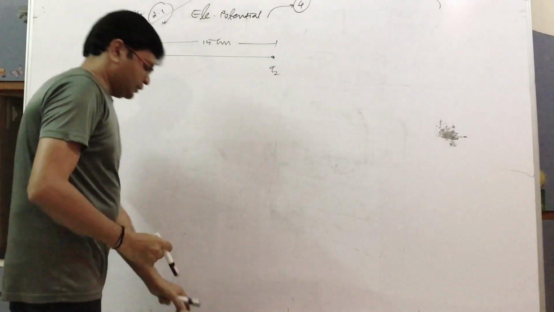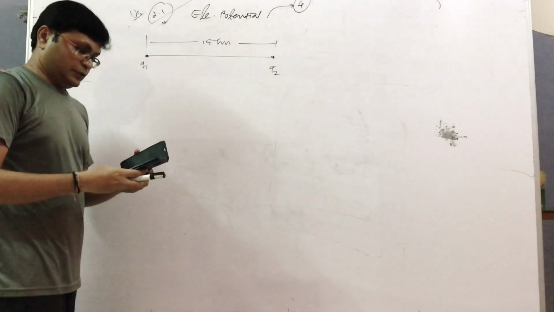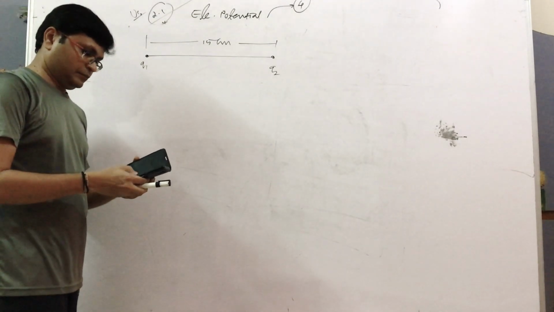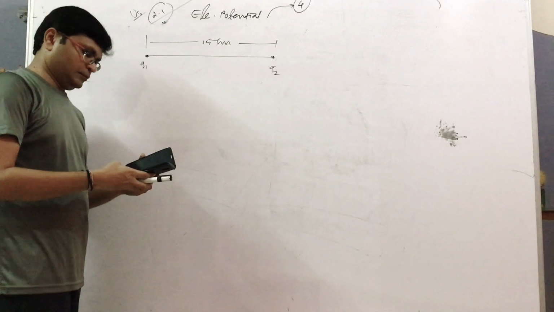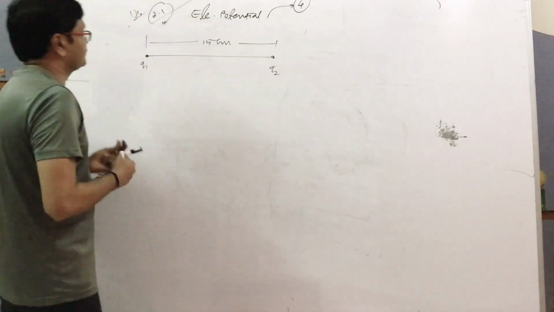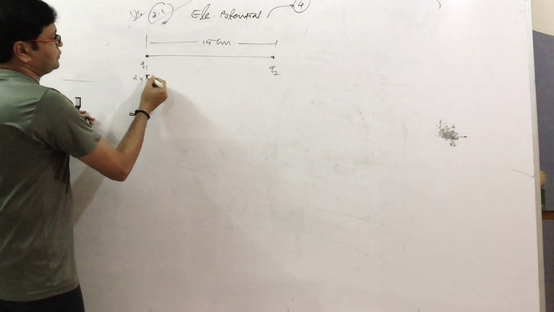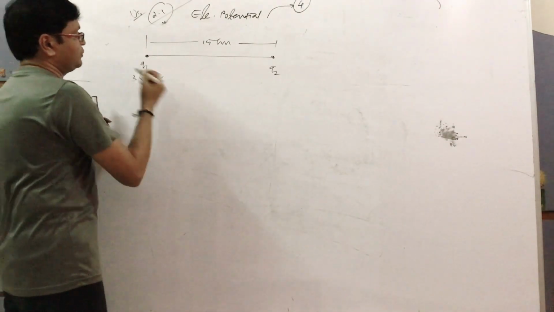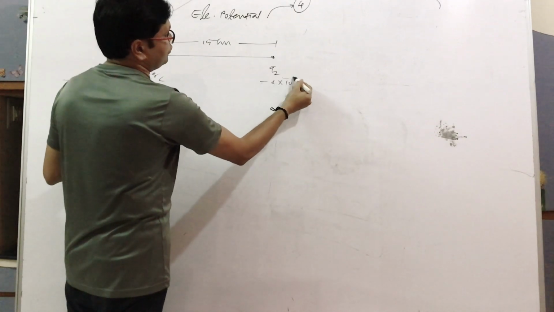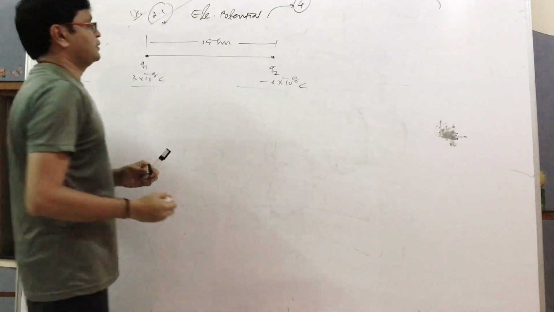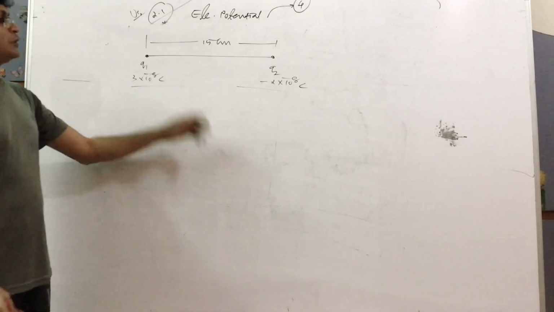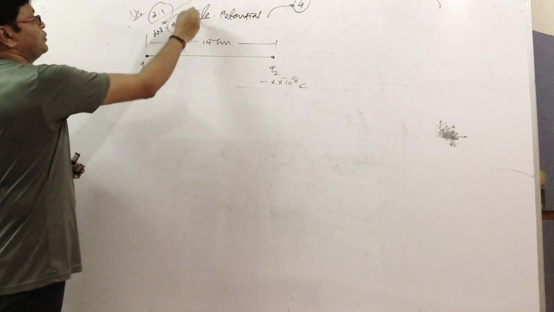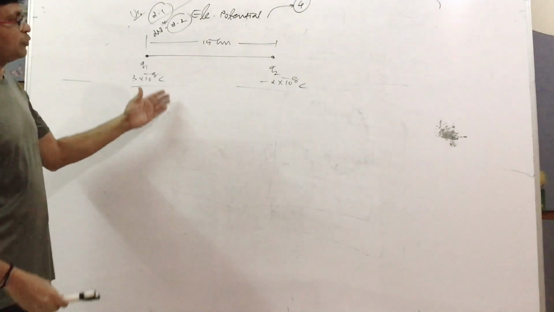Here Q1 is already 3 into 10 raised to minus 8 coulomb, and here minus 2 into 10 raised to minus 8 coulomb, separated by 15 centimeter. You have to solve yourself. This is illustration number 2.2. If there is a mistake in the data, you have to correct it yourself.